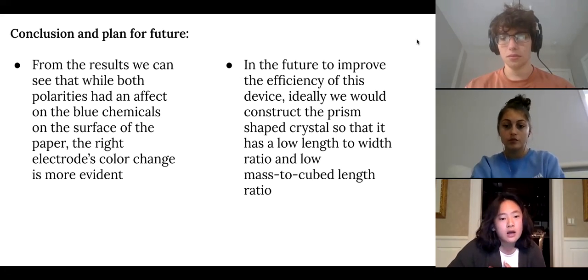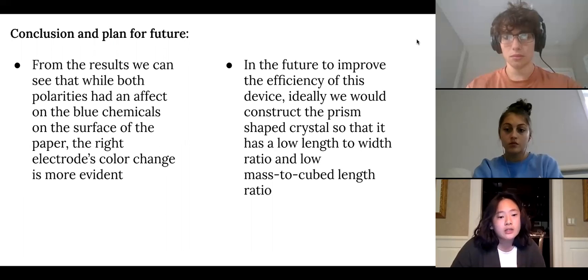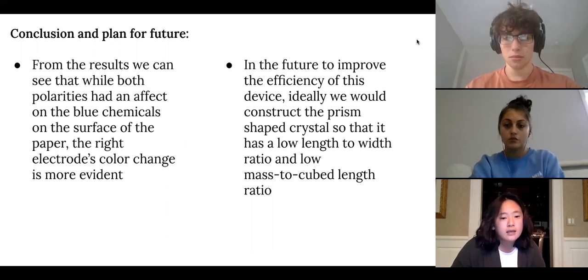This is based on literature reviews that I've done. Also, because my conclusions were subjective and I simply looked at the left and right electrode to see the color change, I'm going further and using MATLAB computer programming to analyze the color and see if I can get more of a quantitative answer.